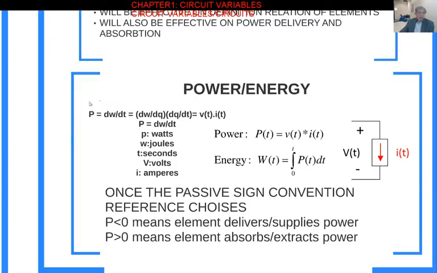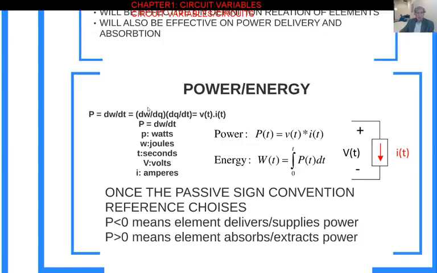So we can divide this derivative into the multiplication of two terms: dw over dq, multiplied by dq over dt. The dq's disappear, leaving dw over dt, which is the derivative.